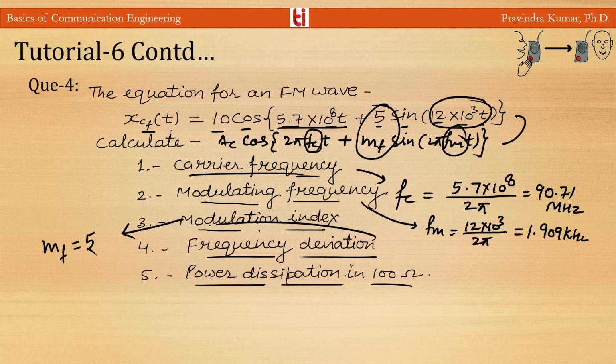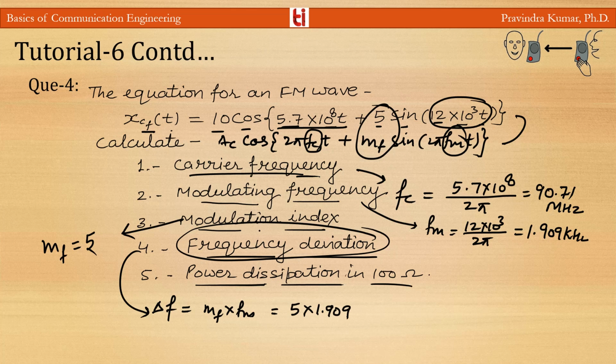Now the modulation index, from this comparison you can say that the modulation index Mf is equal to 5. And the frequency deviation delta F is equal to Mf into Fm. So it will be 5 into 1.909 kilohertz, which is 9.549 kilohertz. Now the question is the power dissipated in 100 ohm.